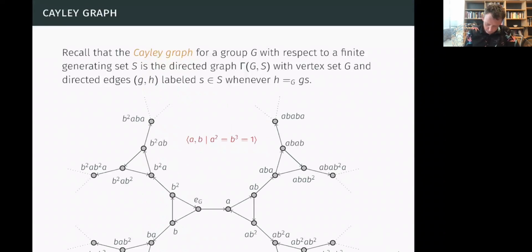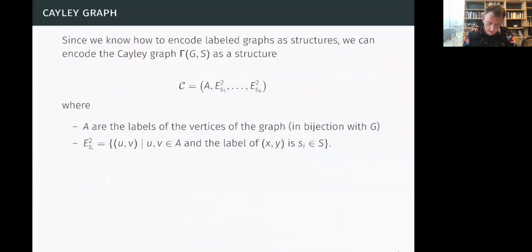So here's a group which is C2 star C3, and I've drawn the Cayley graph here, representing group elements by these strings. And I've made a choice about how I represent the group element as a string of generators, so that there's a unique one for each one.